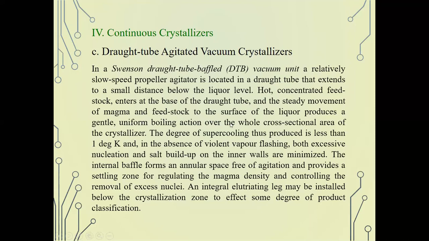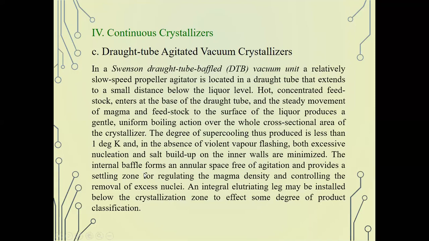to the surface of the liquor produces a gentle, uniform boiling action over the whole cross-sectional area of the crystallizer. For this crystallizer, the degree of supercooling produced is less than 1 degree Kelvin, and in the absence of violent vapor flushing, both excessive nucleation and salt buildup on the inner walls are minimized.